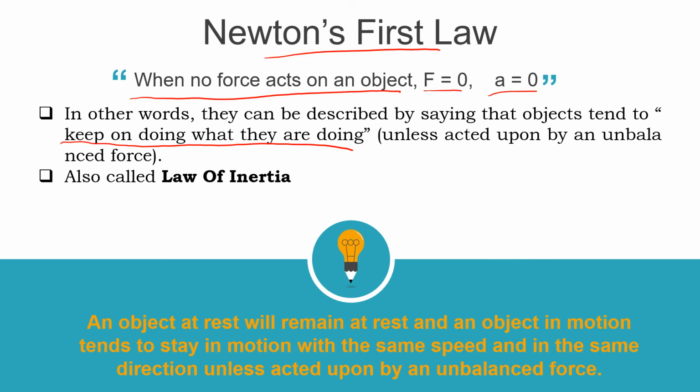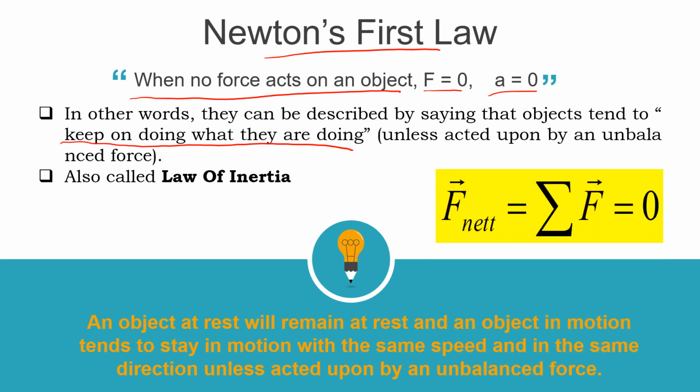Okay, di mana bila the object is remain at rest ataupun tidak ada pergerakan ataupun velocity is constant and also there is no acceleration, so it is a Newton first law.